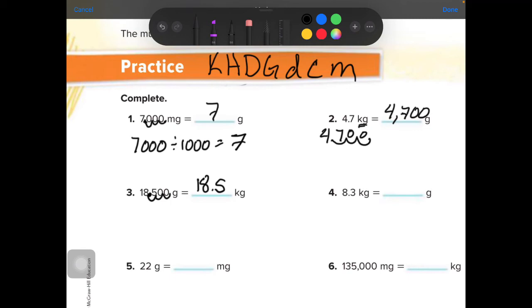Okay, now we have 8.3 kilograms to grams. We're going to go right, 1, 2, 3. 8.3 and go right 1, 2, 3 is going to be 8,300 grams.